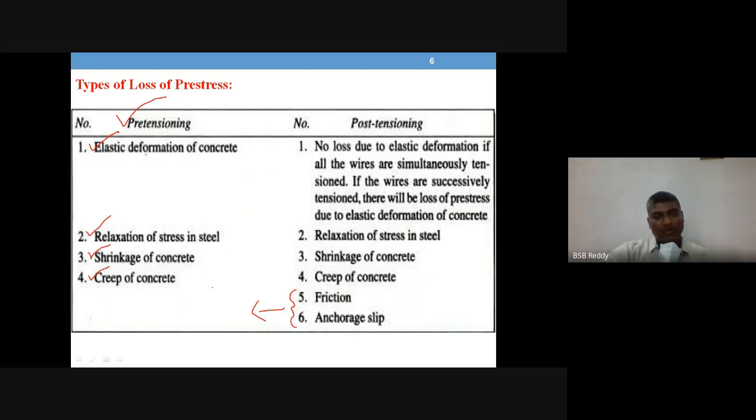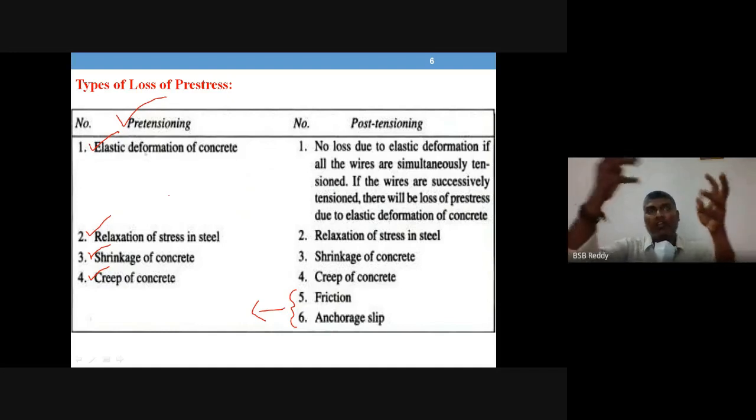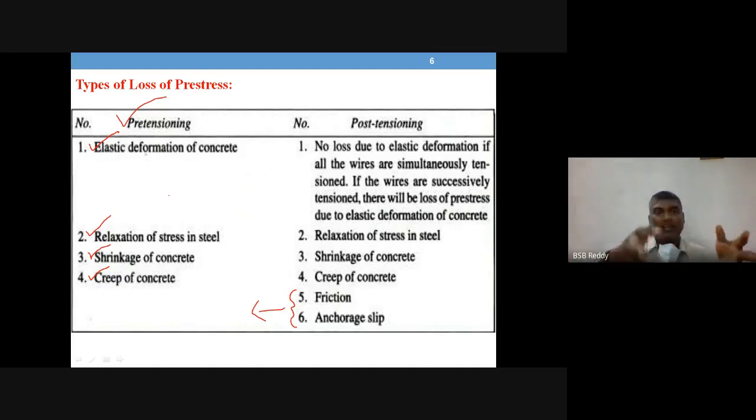Remaining four are present. In pre-tensioning members, there won't be any friction because the tendon will never move with respect to the concrete. Both concrete and tendon are firmly bonded. You have already pulled the tendon and then poured the concrete, which got hardened, so there won't be any differential movement between concrete and steel.